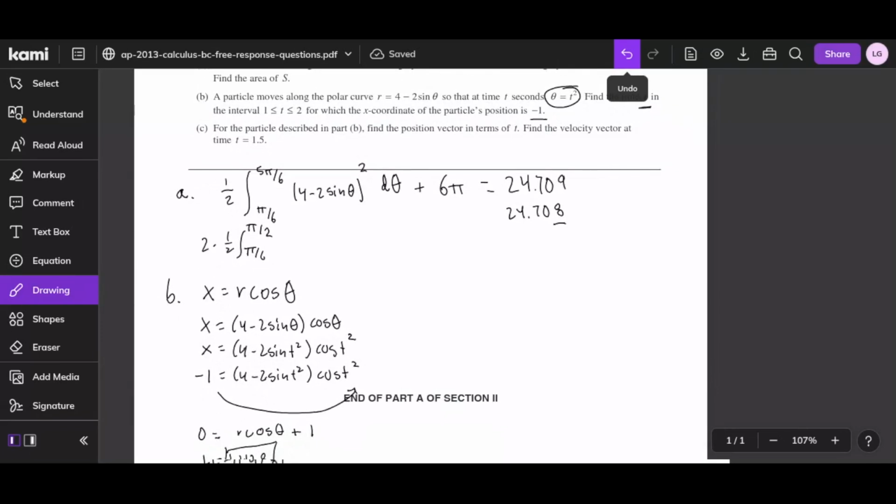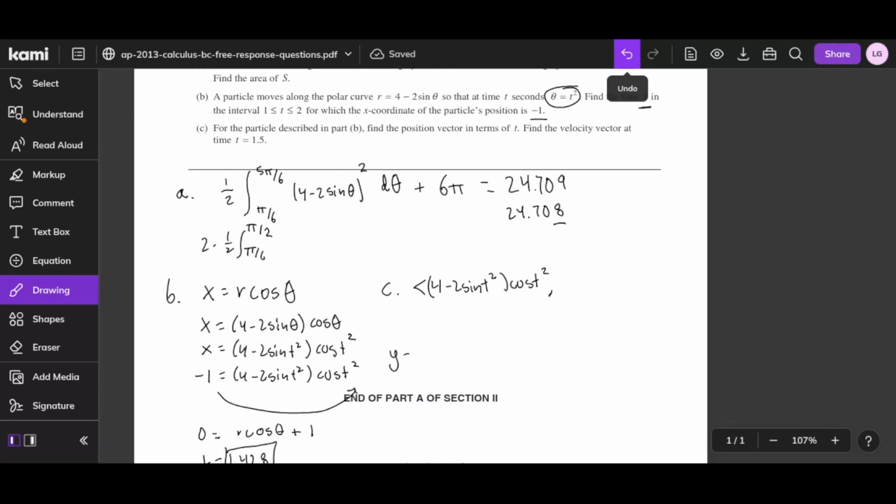Now finally, for part C, they're looking for the position vector. The nice thing is we already have the position function for x. You can write that out: 4 minus 2 sine t squared cosine t squared. Now we are just looking for y.